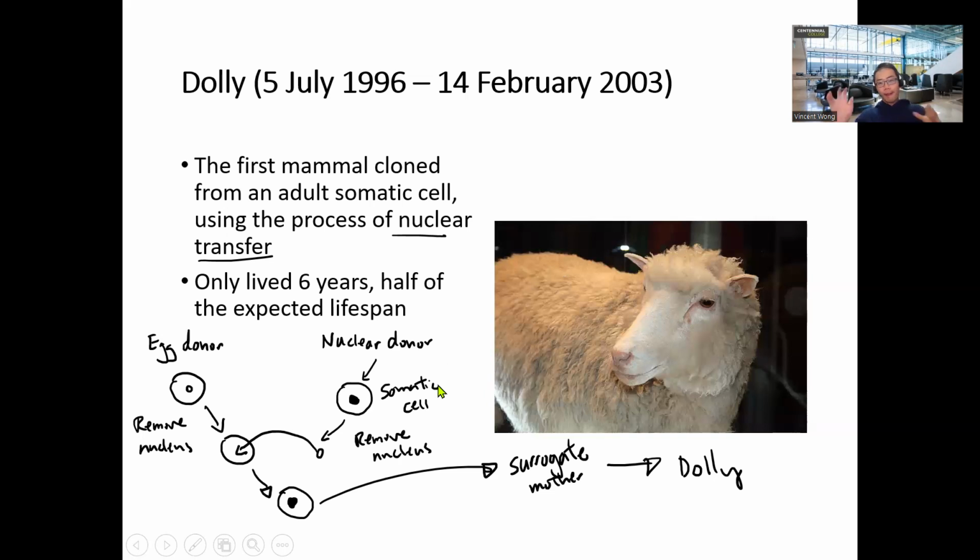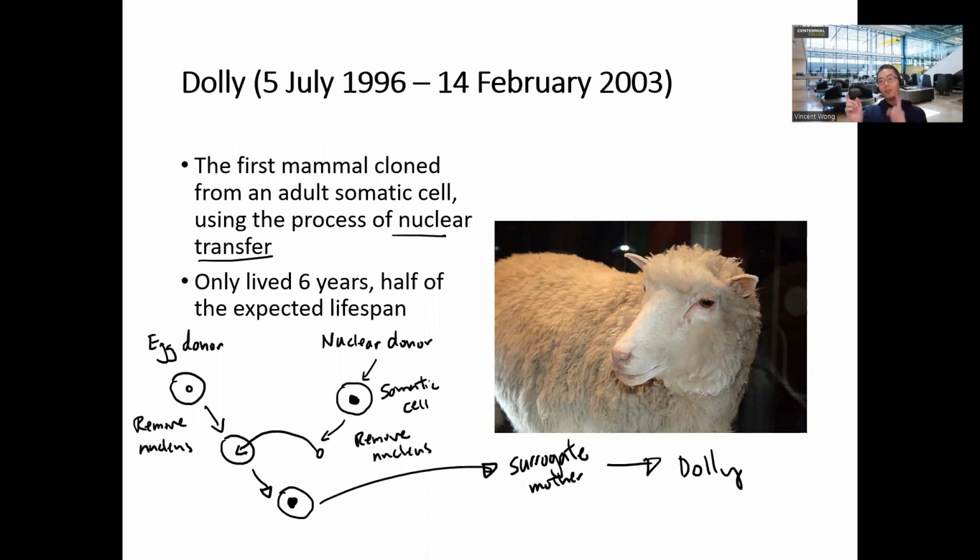Okay, so as I was telling you, the whole class basically, every time we divide, our telomeres get shorter and shorter and shorter. Okay, so when you were born, you have telomeres that are really, really long. But now in your 20s, in your 30s, in your 40s, your telomeres are much shorter now. So when they take the nucleus from the donor sheep, that sheep is not in its infancy, right? That's like an adult sheep. And let's just, for the sake of discussion, say that sheep is 10 years old.